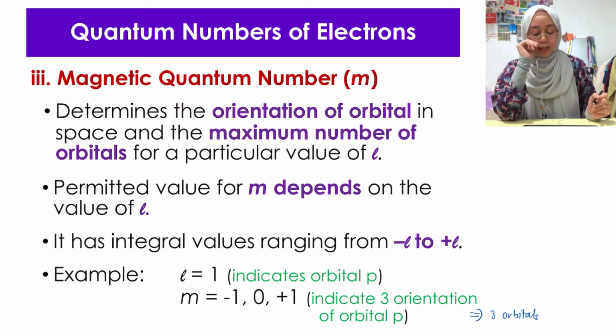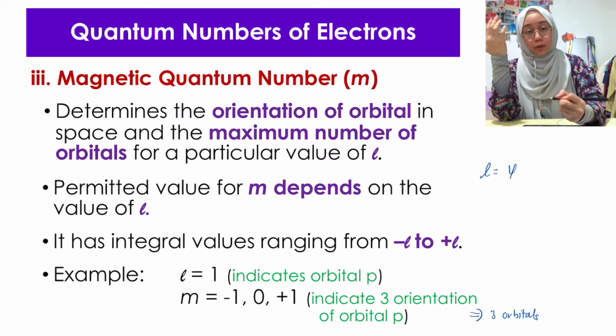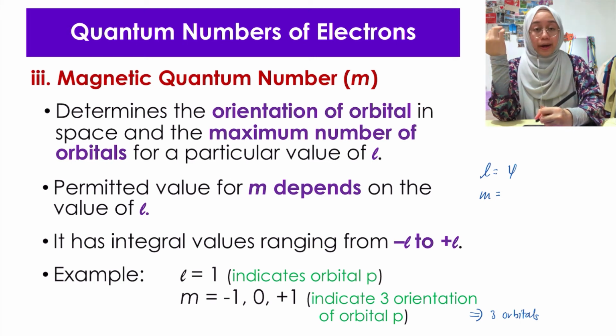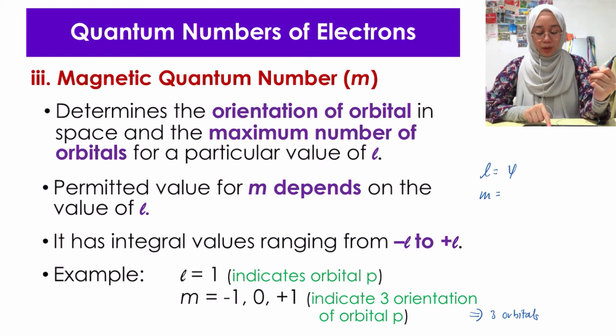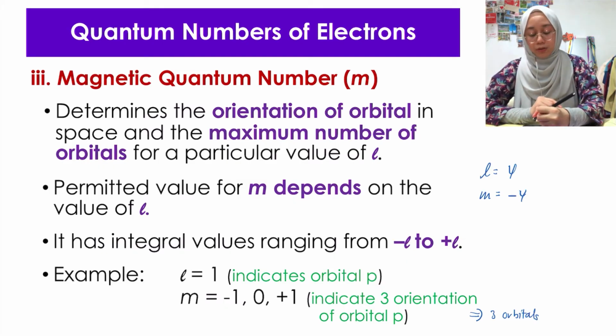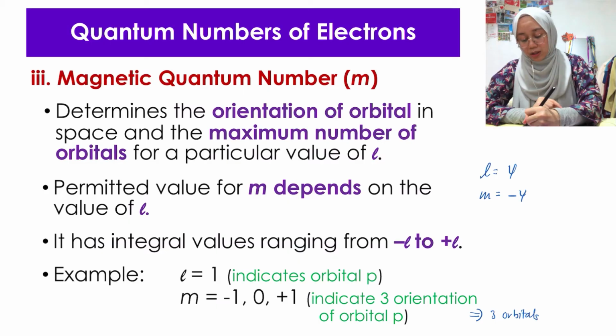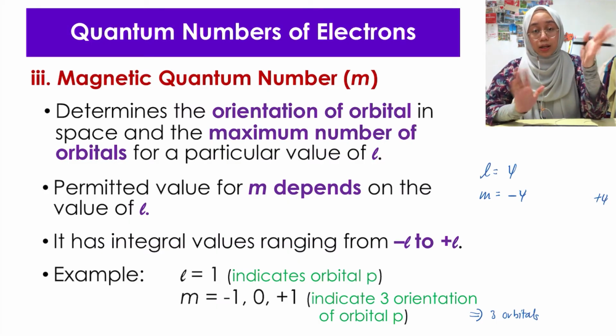Okay, so let's say kita ambil contoh lain pula. So let's say value L is 4. So what would be the value of your M then? Okay, so kita kena ingat dia punya range adalah between negative L to positive L. So the smallest number would be negative 4. Okay, so the highest value would be positive 4. And then what is the number in between?